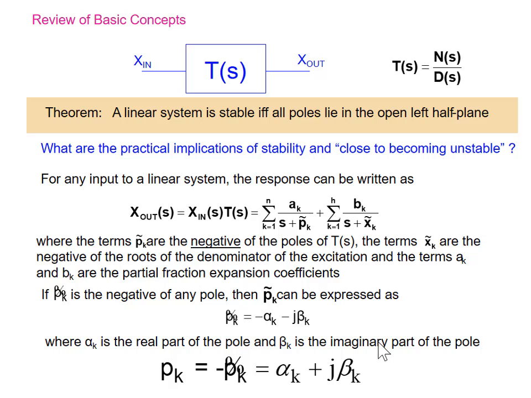Real part is alpha_k, imaginary part is j beta_k. If there's a pole in the right half plane, at least one of the alpha_k's would be negative. If all the poles are in the left half plane, then all of the alpha_k's will be positive. Beta_k's may be 0 or non-zero.